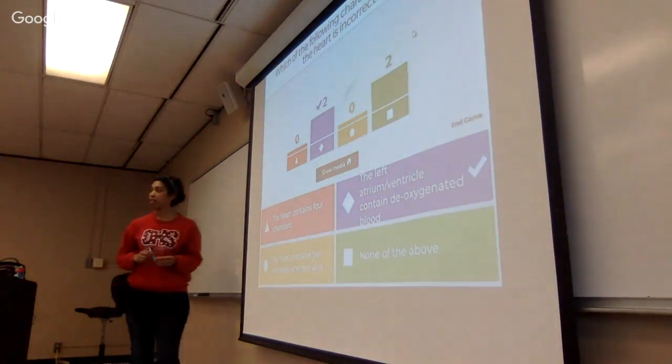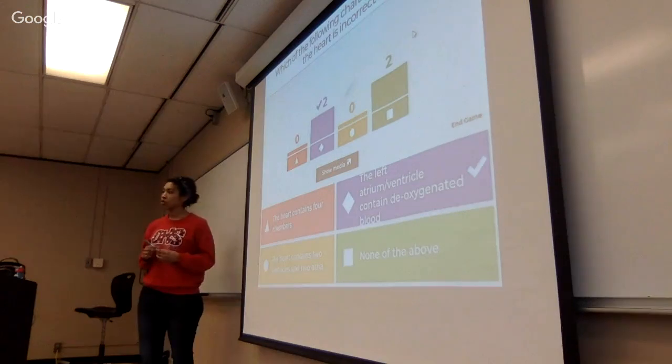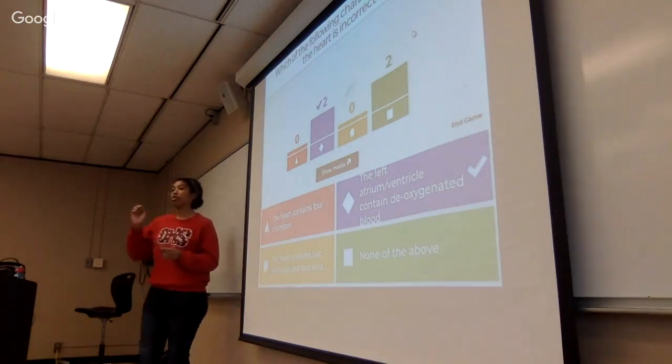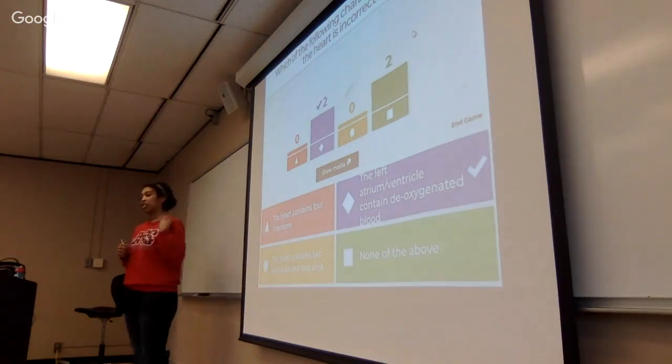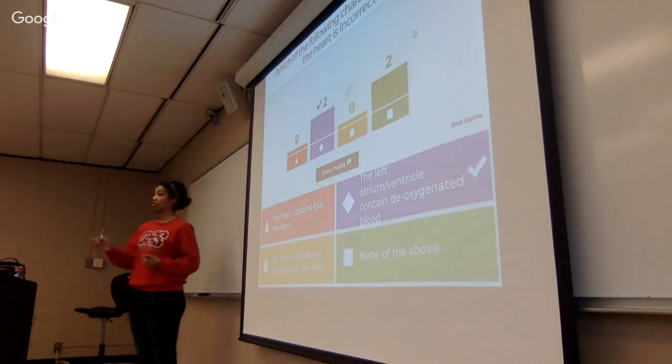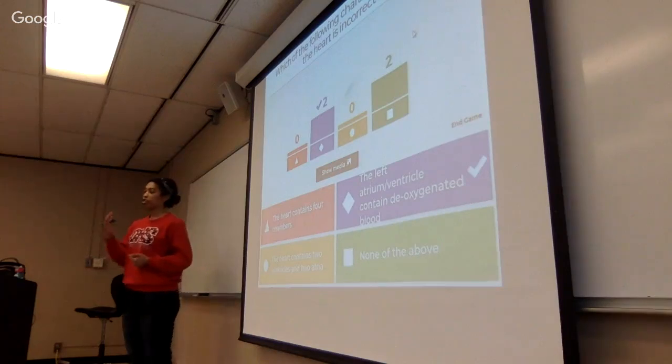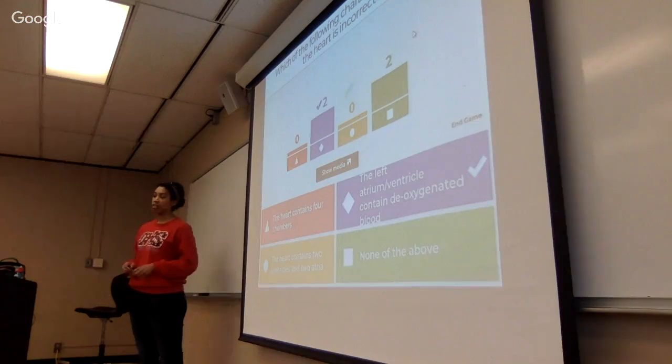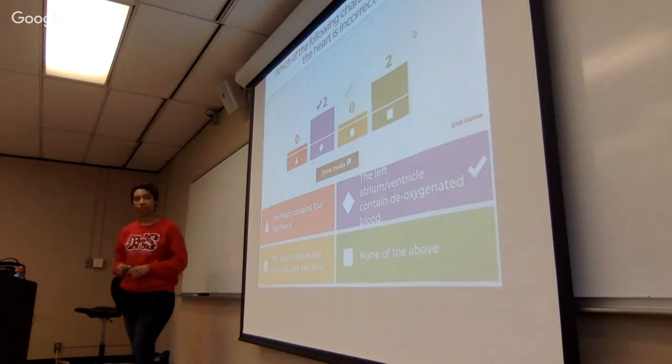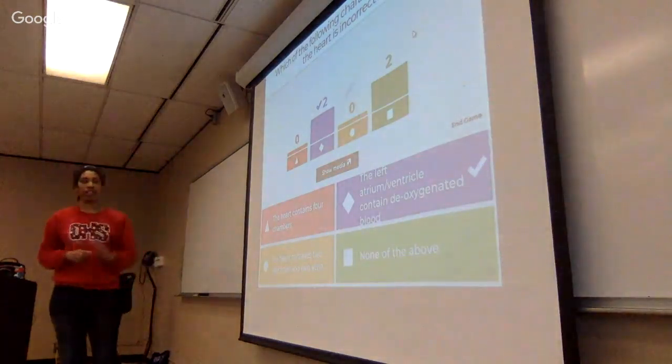Wait, can you repeat that? Did you say the 2 ventricles contain oxygenated blood? So your left atrium and left ventricle contain oxygenated blood. Your right atrium and right ventricle contain deoxygenated blood. Okay. Yes, just the exact opposite of that.